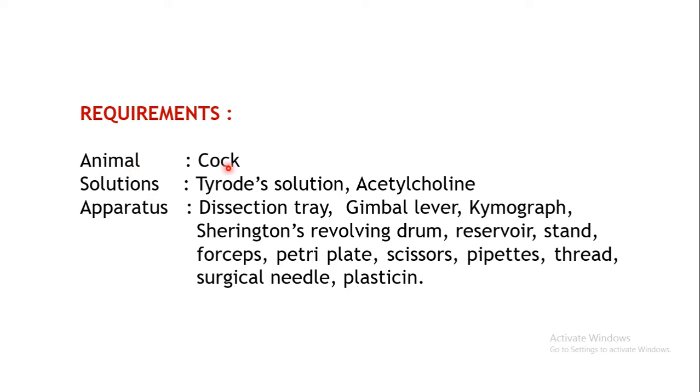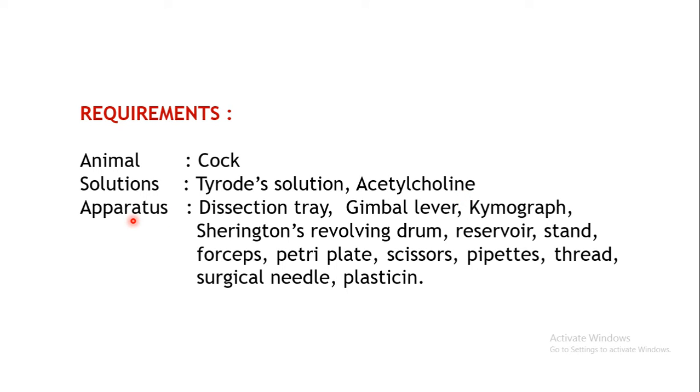Animal required is cock. As such, we are going to obtain the tissue from the slaughterhouse, so the actual animal is not required, but the tissue is isolated from the animal cock. Solutions required are Tyrode solution and acetylcholine, which is the drug under study.